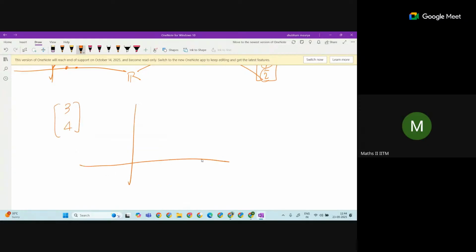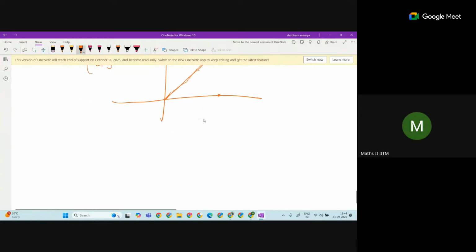Here is going to be 3 and here is going to be 4, so 3 4 is here somewhere. Graphically, the representation is like this, from the origin to this point. What this distance is, we'll see later, but the vector representation is like this.